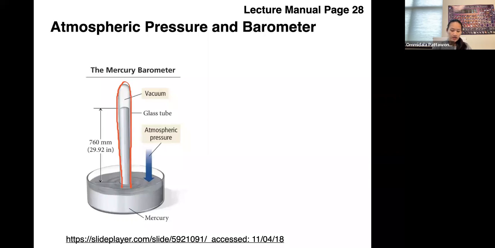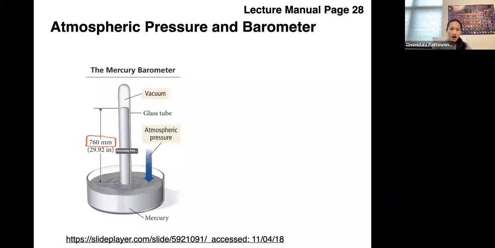As you see, the atmospheric gases will put pressure against this mercury and push it up inside the vacuum tube, causing the mercury to rise to a certain height. At sea level, this height of mercury comes out to be 760 millimeters.